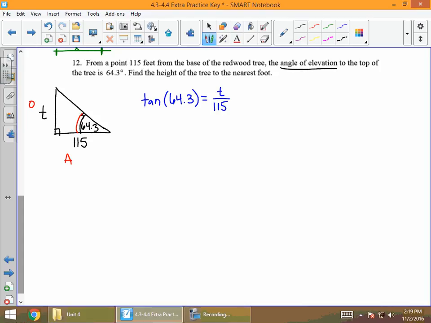To get T by itself, multiply both sides by 115. So 115 times the tangent of 64.3 is the height of the tree. Type that directly into the calculator, and you should get a height, rounded to the nearest foot, of 239 feet.